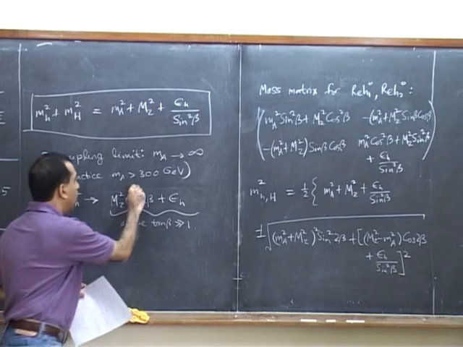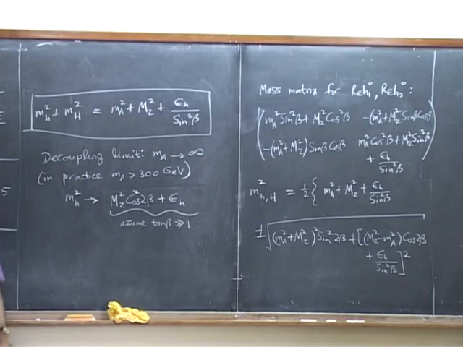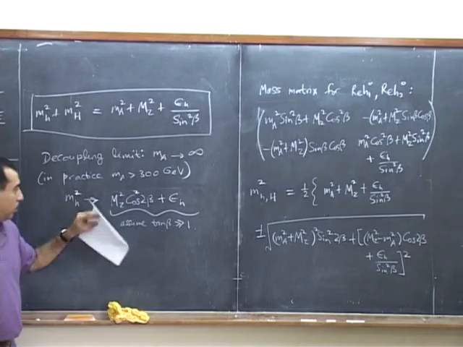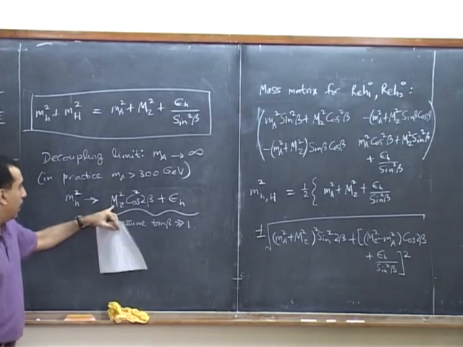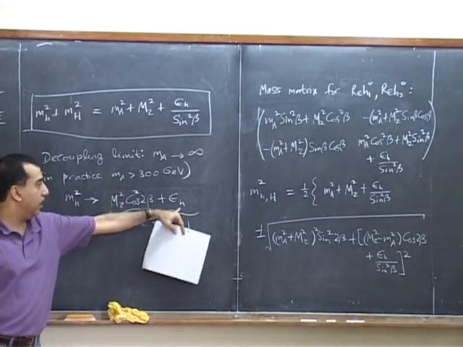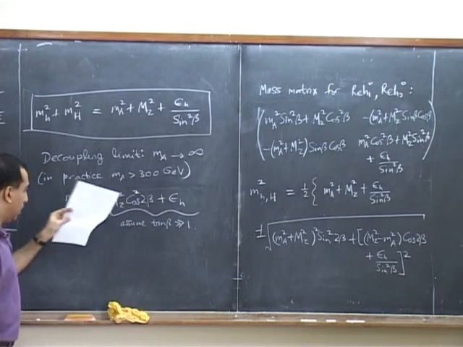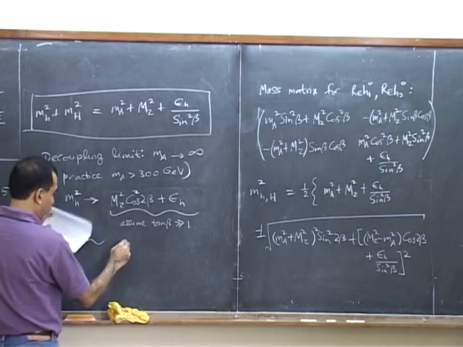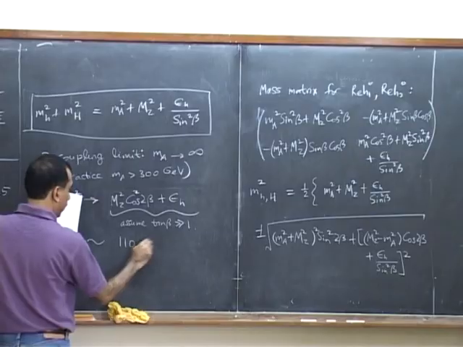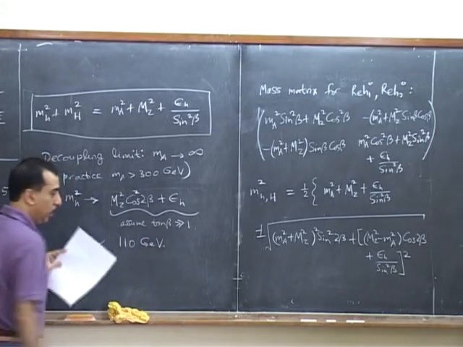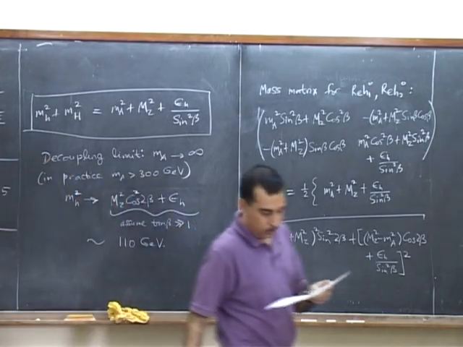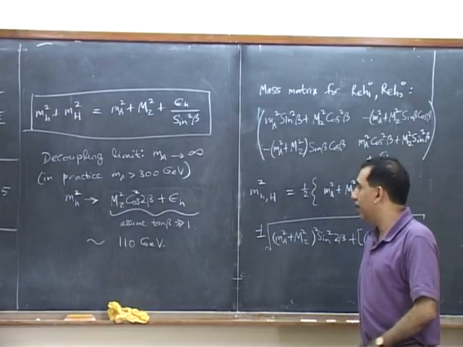Oh, it's cos square, thank goodness. So it's 1. And so basically we are not considering that. So we add up the known value of this and the estimated value of that, and we find that the whole thing comes to 110. Okay. So there's certainly some improvement.